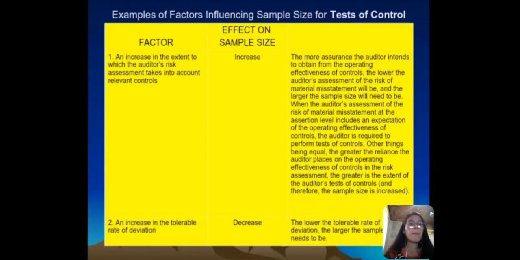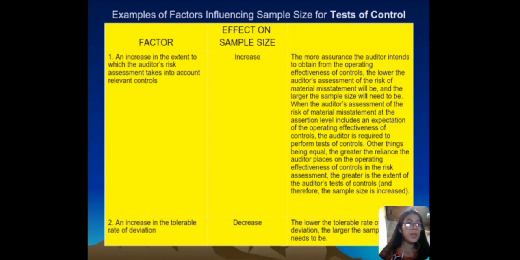So here are examples of the factors influencing sample size for test of controls. First is an increase in the extent to which the auditor's risk assessment takes into account the relevant controls. The effect on sample size is that it will increase. The more assurance the auditor intends to obtain from the operating effectiveness of controls, the lower the auditor's assessment of the risk of material misstatement will be, and the larger the sample size will need to be.